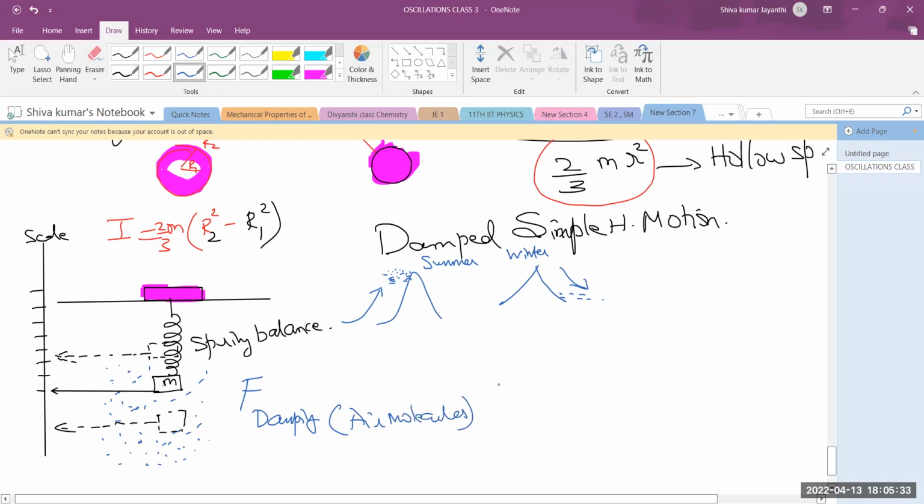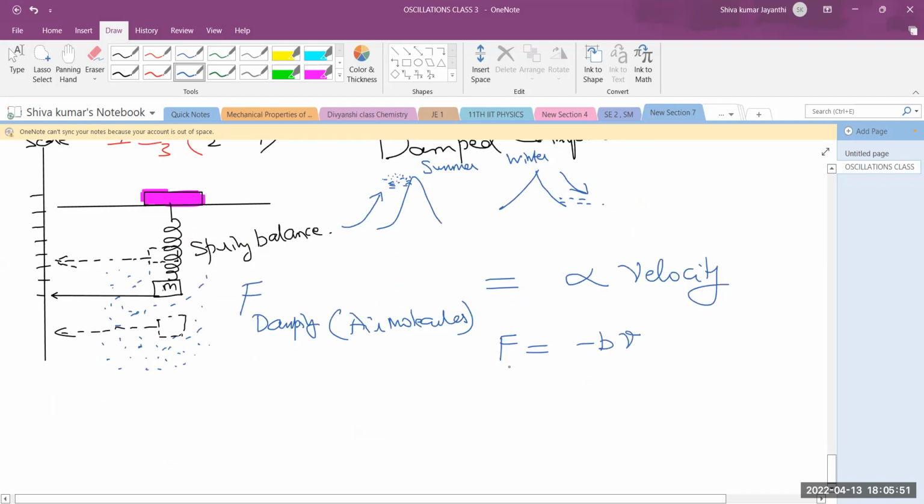The damping due to air molecules is given as a force proportional to the velocity, and it is given by the equation minus b into v, where v is the velocity. This is called the damping force. The force due to damping is given by minus bv.